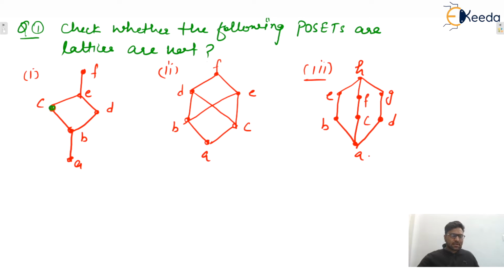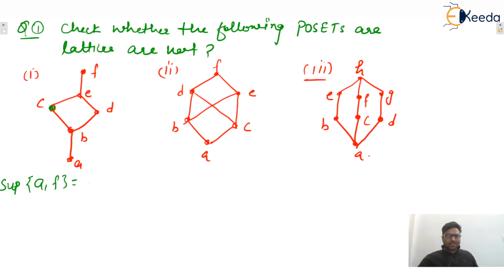So remember guys, any lattice is first of all a poset. Then we'll see for every pair of elements a supremum and infimum must exist. But first of all, it must be a poset. Remember that one. So here in the first one, for every pair of elements, let us consider any elements, let's say A and F. For A and F, what will be the supremum?